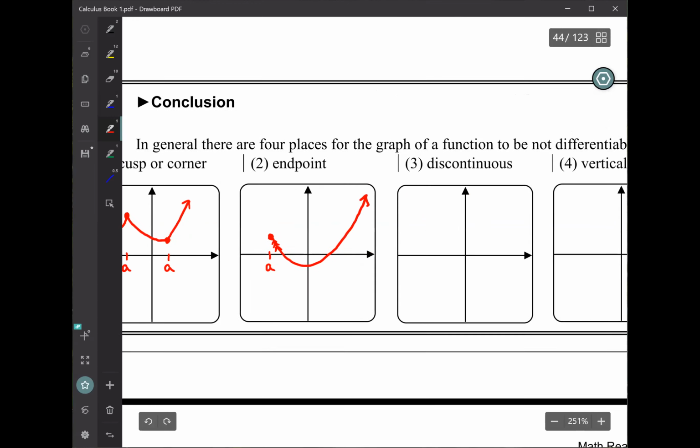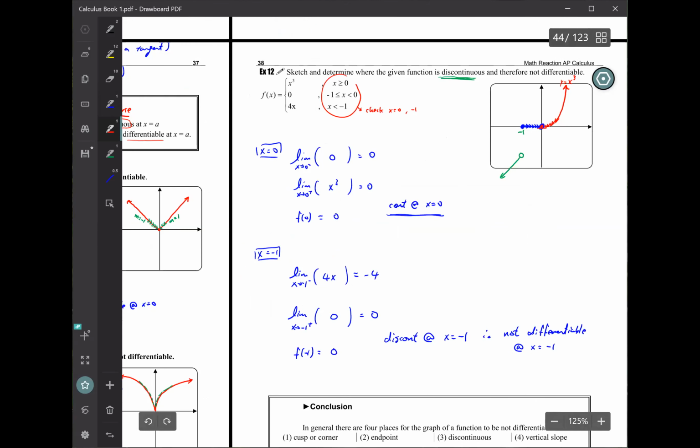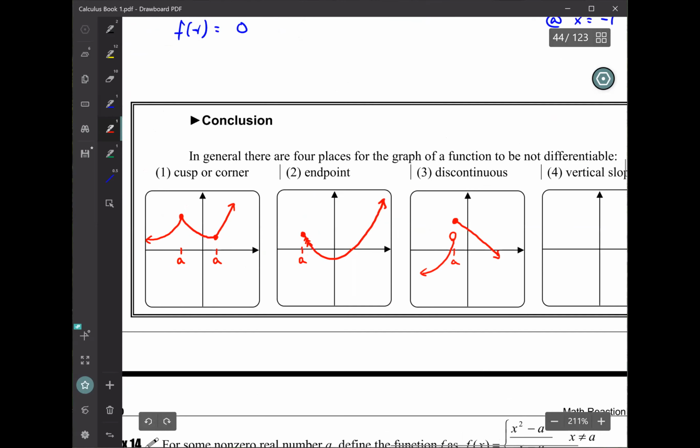Next one, discontinuous will be the example that we did above, so we could use that. For example, you get something like this, empty circle, and then broken. So this place is not differentiable. This is for discontinuous.